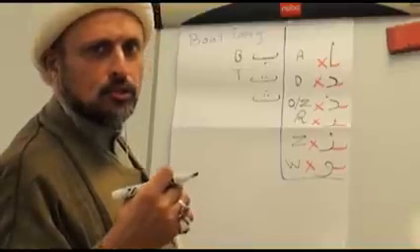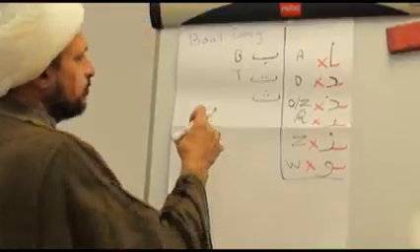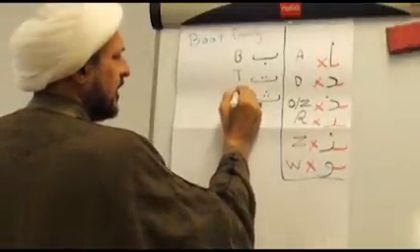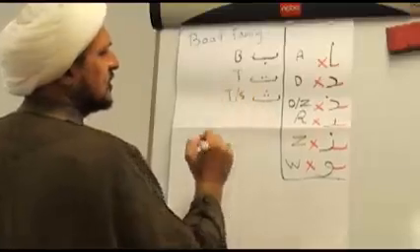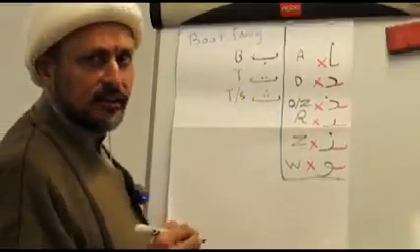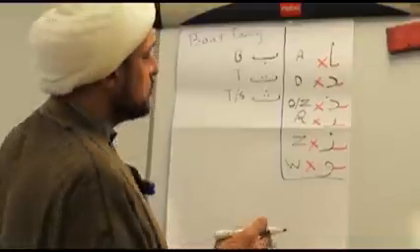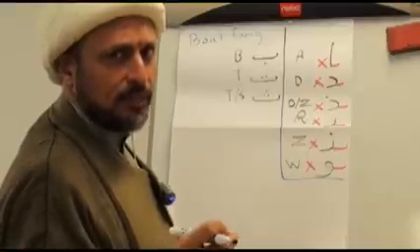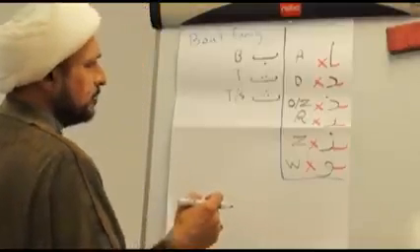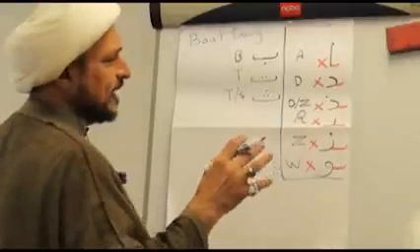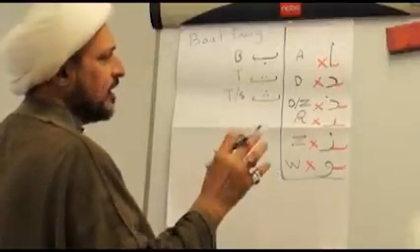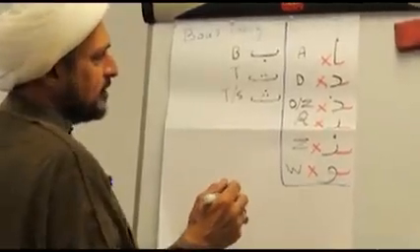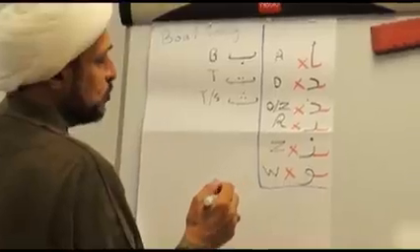So this tha sound is something like between T and S. They write it TH, but it's something like T plus S. Make a mixture out of it. These are the ba, ta, tha. Three boats.